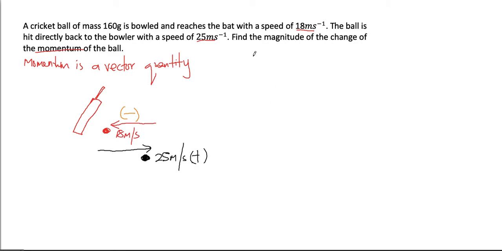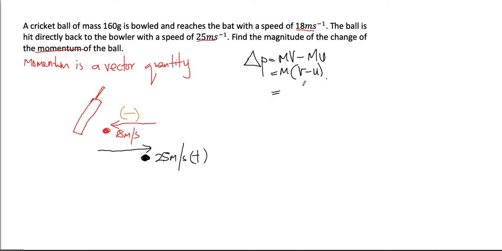Now, the formula for change in momentum is mv minus mu, meaning the final velocity multiplied by the mass, minus the initial velocity multiplied by the mass. Or I can simplify this and write it as m(v minus u).